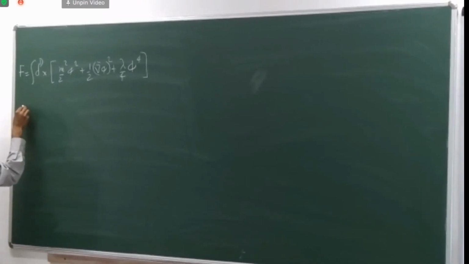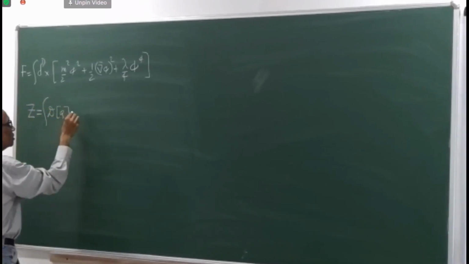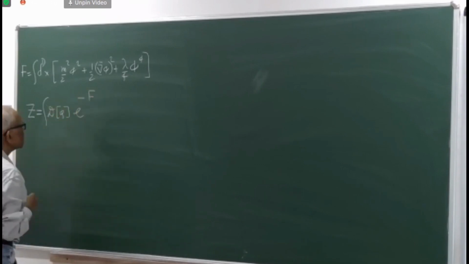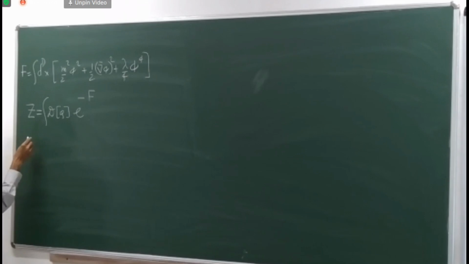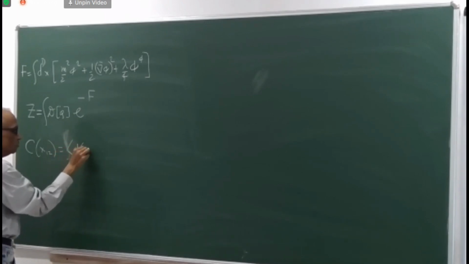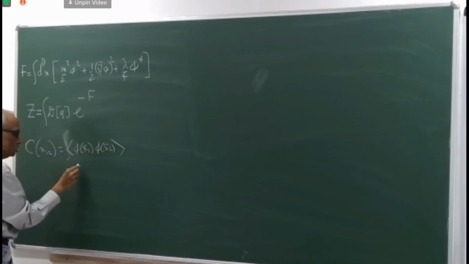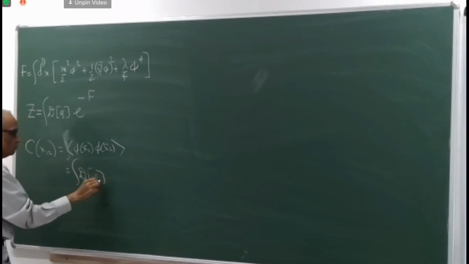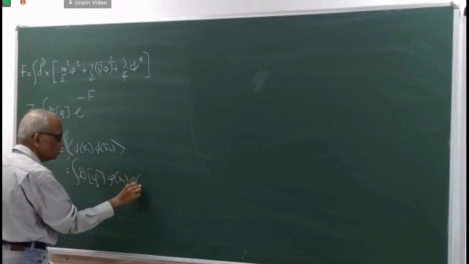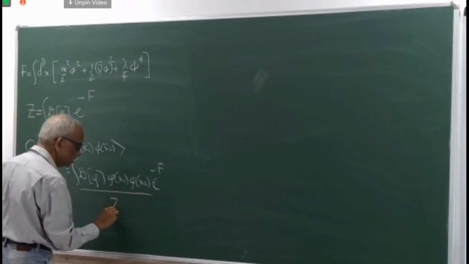The partition function would be Z, the functional integral over e to the power minus F. The correlation function, let's say C(x1, x2), in expectation value notation is the expectation value of phi(x1) phi(x2), which is equal to the functional integral of phi(x1) phi(x2) e to the power minus F divided by Z.